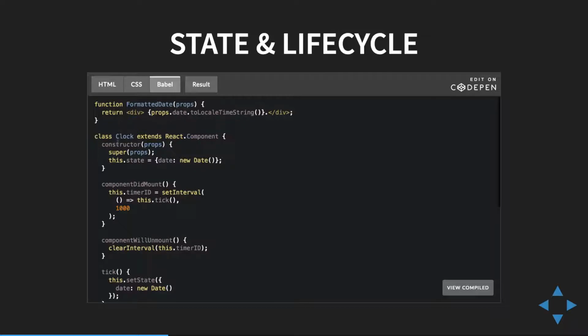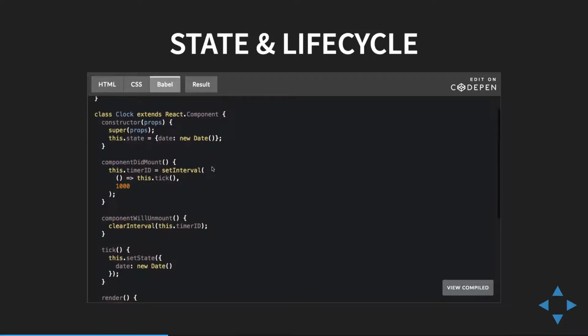And then we have this class, Clock, which extends the React component. We have a constructor where we pass in the props, and we define the default for the state, which is a new date object.